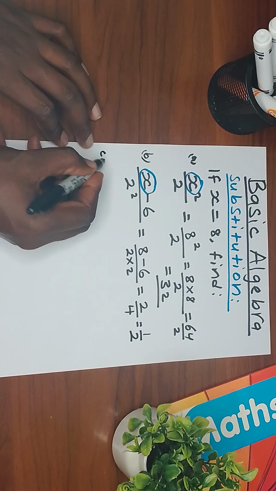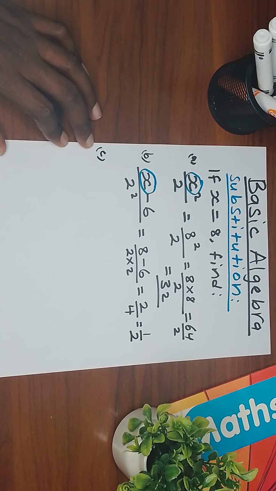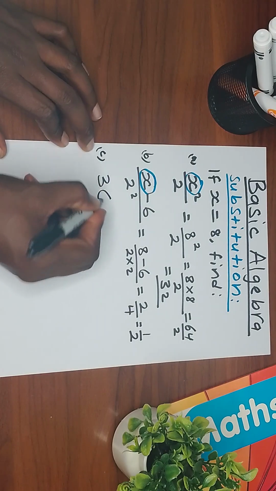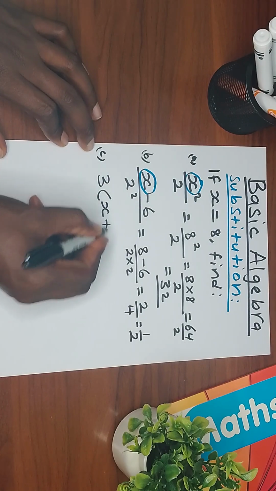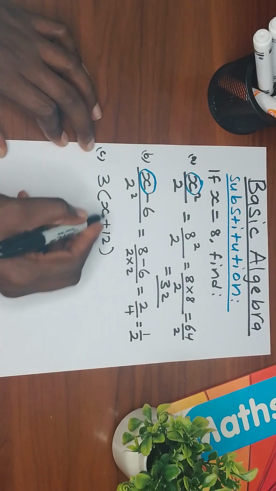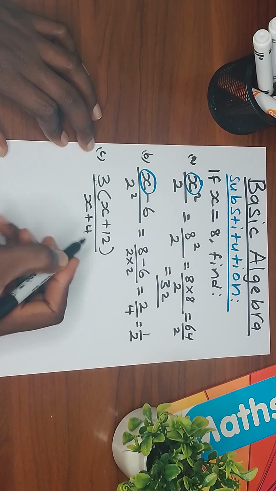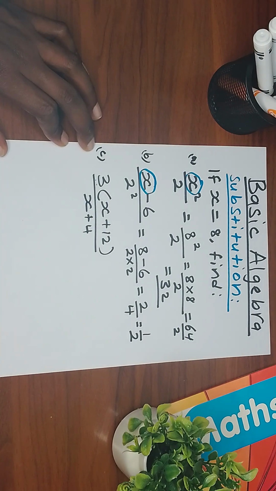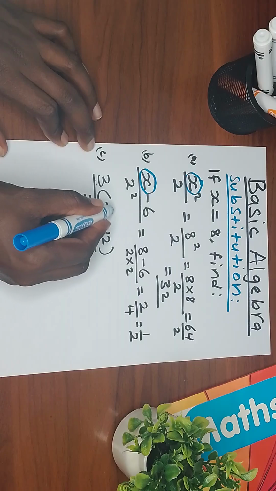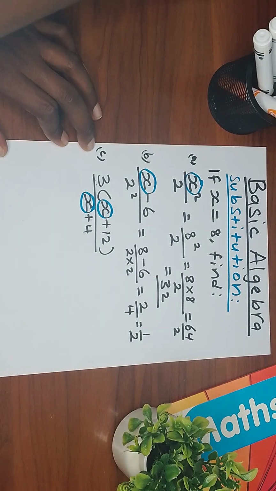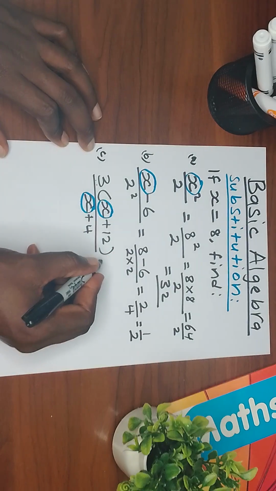So in our next example, we are going to do something that is a little bit expanded. Here it is 3 into brackets x plus 12, out of x plus 4. Now in this case, what we are going to do is again put 8 in that place and put 8 in this place in our next step.